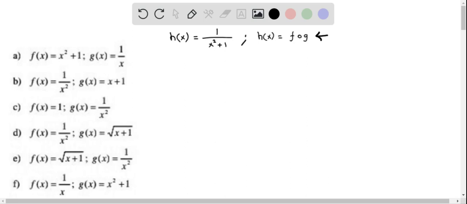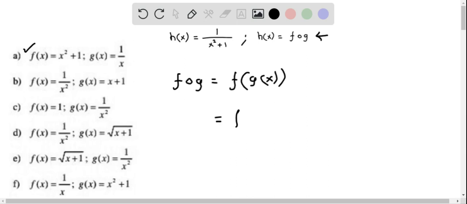First, let's verify answer choice A. Here it is given f of x equals x squared plus 1 and g of x equals 1 over x. So I'm going to find f of g, which equals f of g of x, according to the composite of functions.